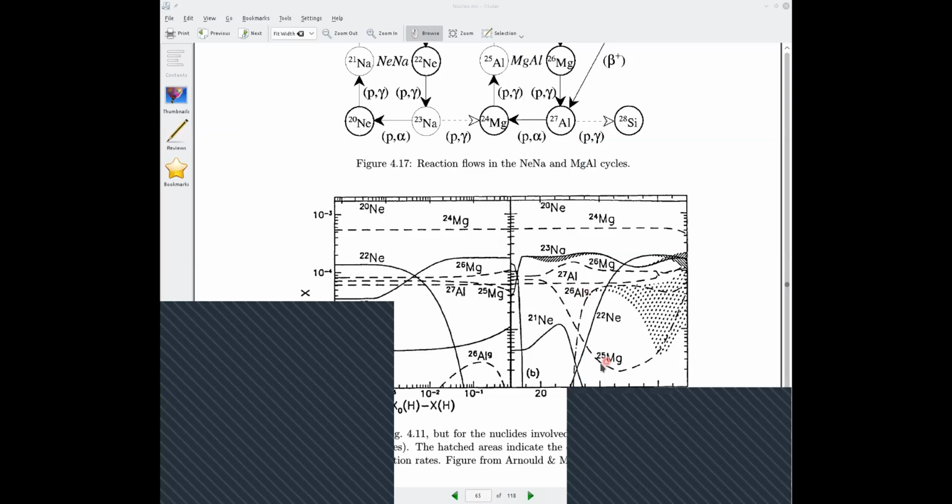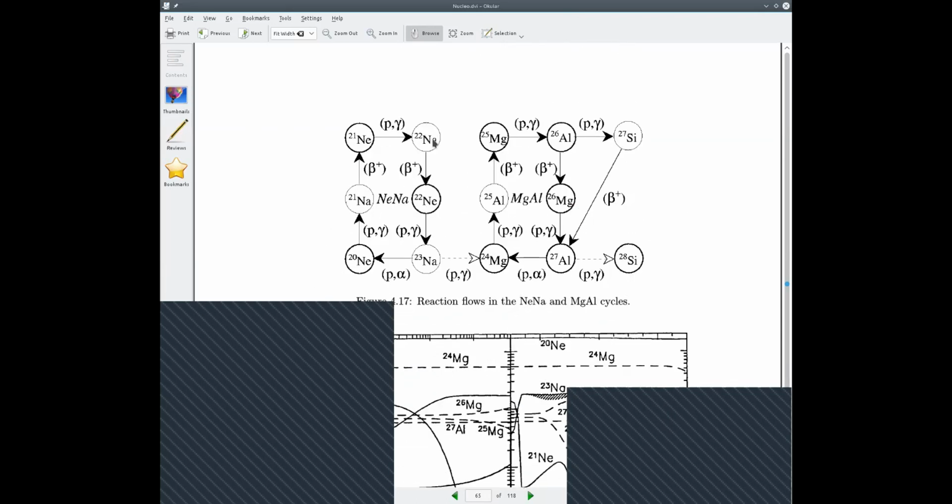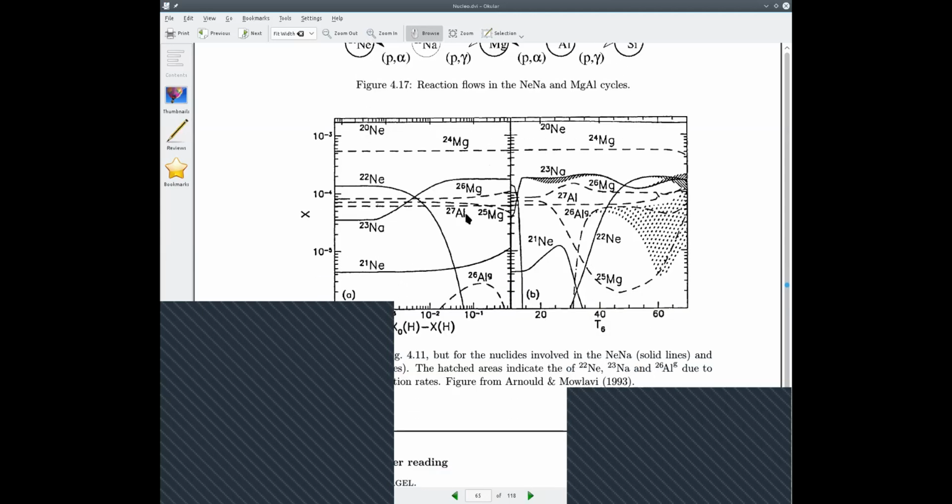Here you can see it's the same as before. The reactions of the two cycles mentioned, and how the two cycles change, with the lines that are changing with temperature, where we have an increase of the sodium, with the consumption of the hydrogen here and the temperature here.